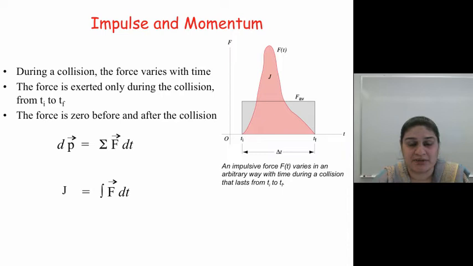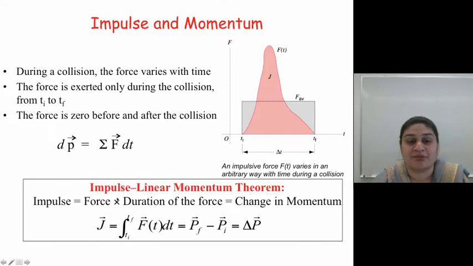So impulse is now defined as a force that lasts for a very short interval of time from t1 to t2. And this we are going to call the impulse-linear momentum theorem, which states that the impulse is equal to the force times the duration of the force, or the change in momentum.